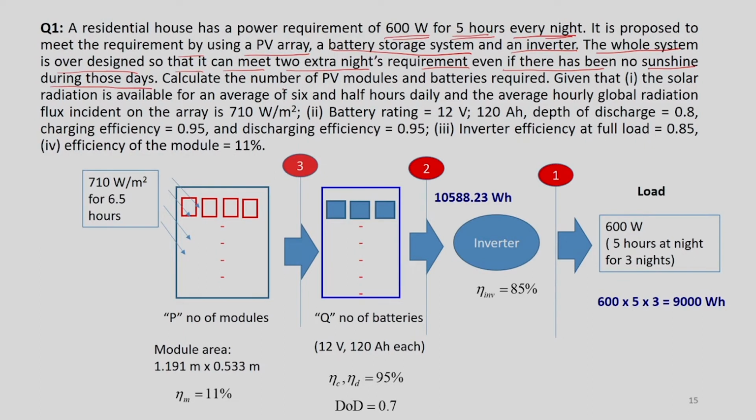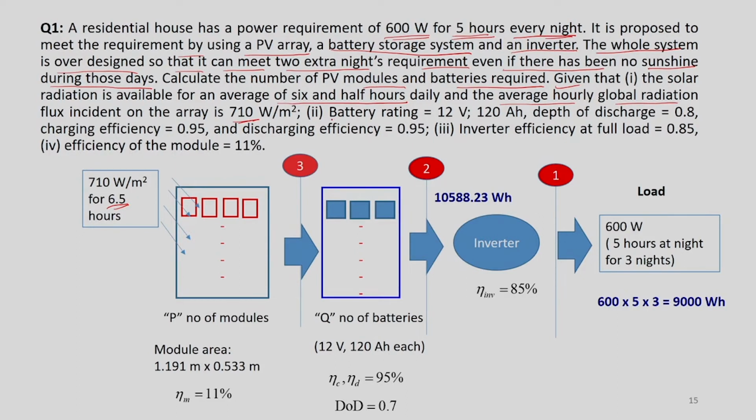Calculate the number of PV modules and batteries required, and some of the information is given. Solar radiation is available for an average of 6.5 hours daily, and the average hourly global radiation flux incident on the array is 710 watt per meter square.